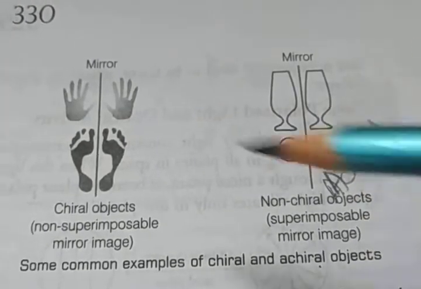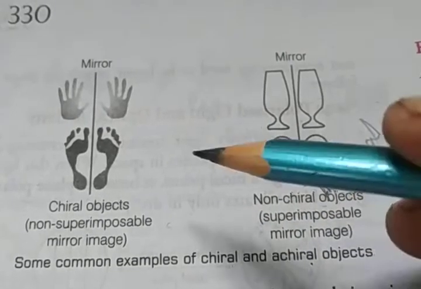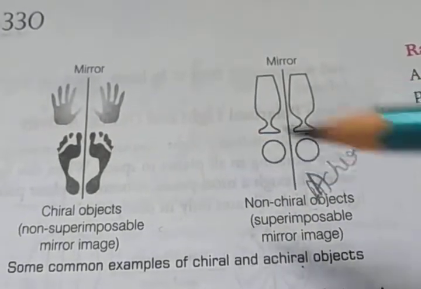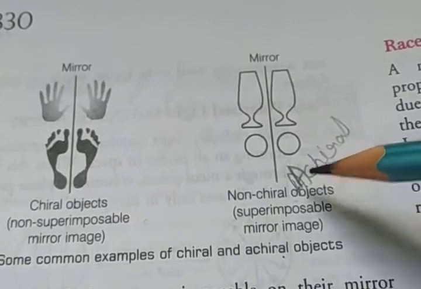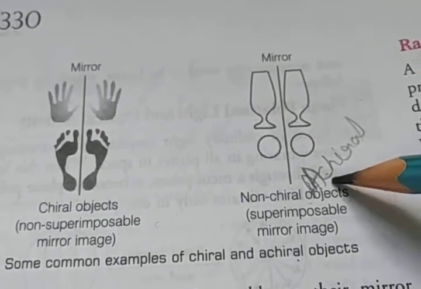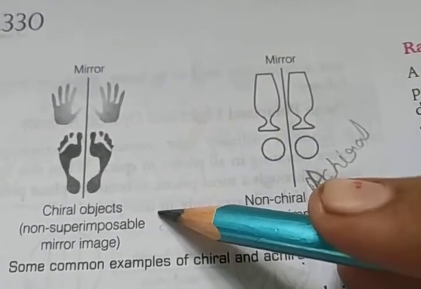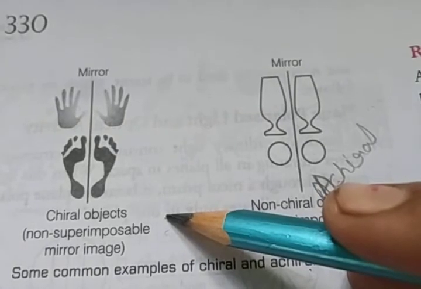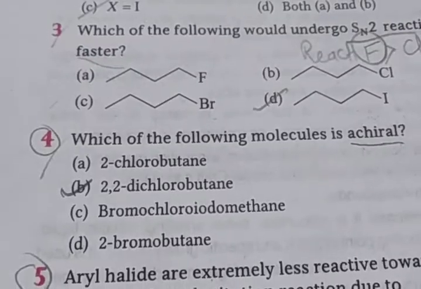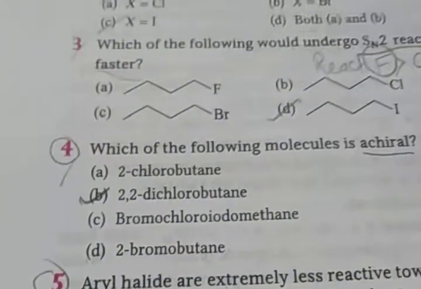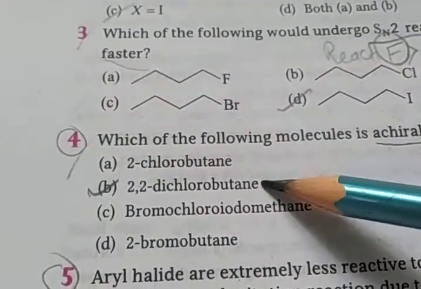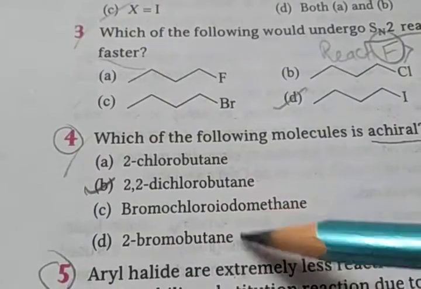Those objects which are superimposable are known as achiral, and the non-superimposable ones are chiral. Here 4 options are given: 2-chlorobutane, 2,2-dichlorobutane, bromochloroiodomethane and 2-bromobutane.